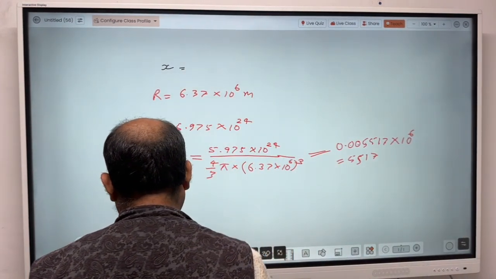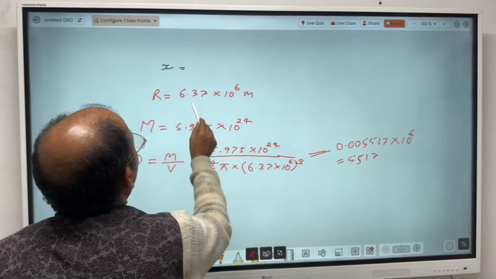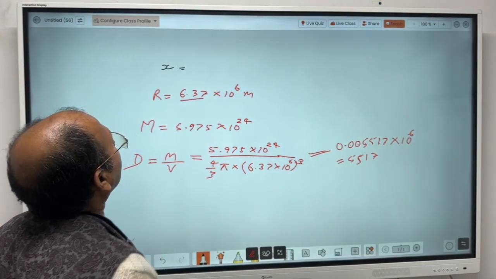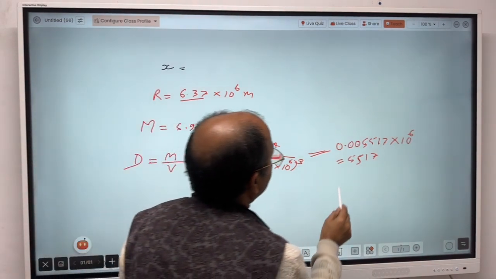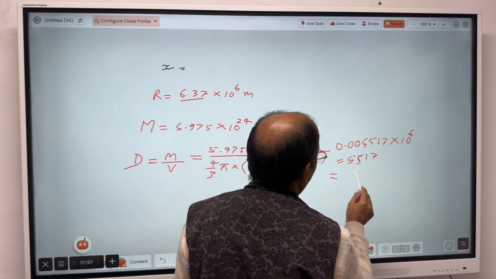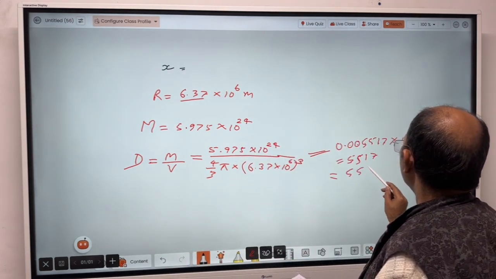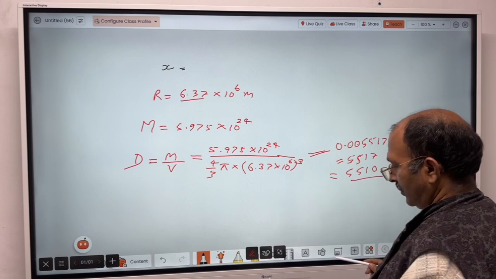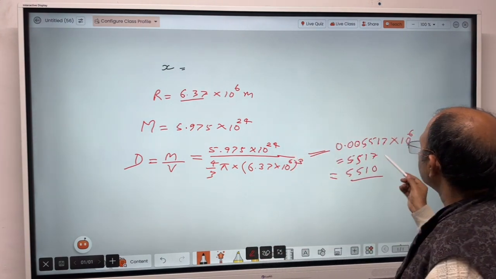But we have to give the answer in terms of 3 significant figures, because here the radius is given in 3 significant digits. So our answer should be restricted up to 3 significant digits. So we can write it as 5510. Sorry, I'm mistaken.